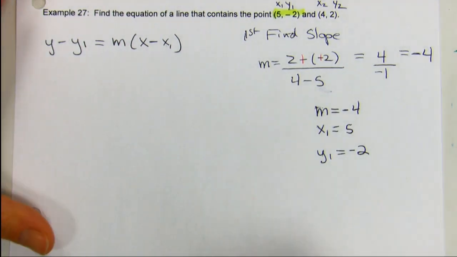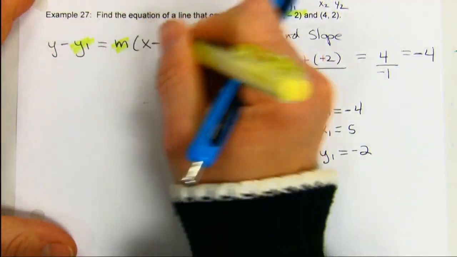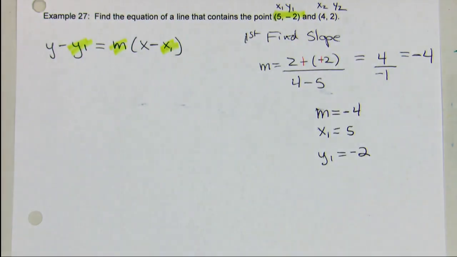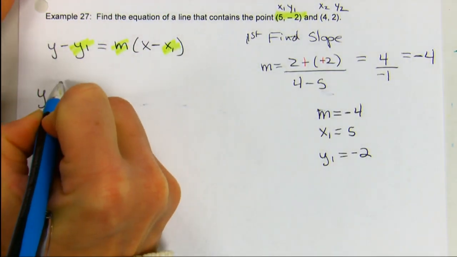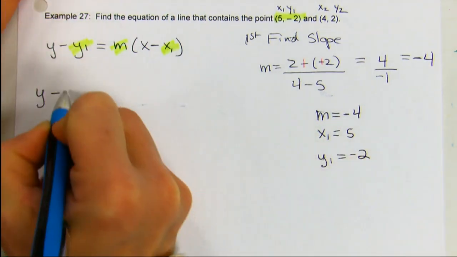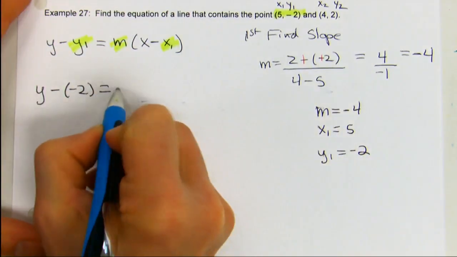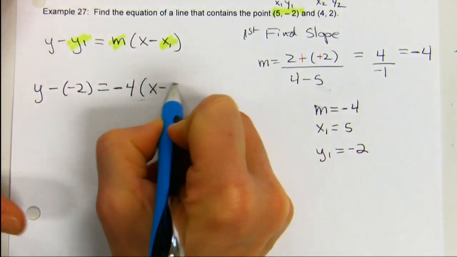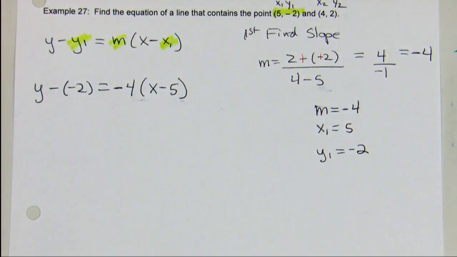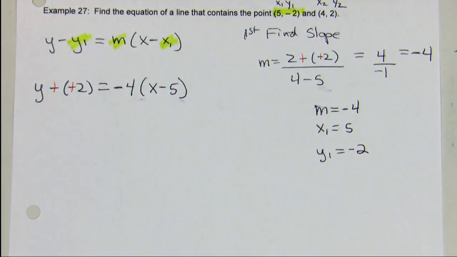So let's plug these things in to where we're supposed to plug in the given information so we can make our equation. So y minus, because that's from our formula, our given y, which was a -2. m is my slope, -4, times x minus my given x, so that's a 5. So before I start distributing, I always do like to fix those double negatives first.